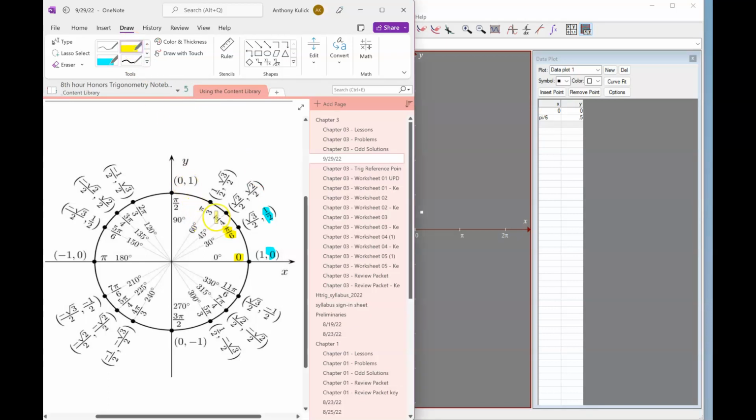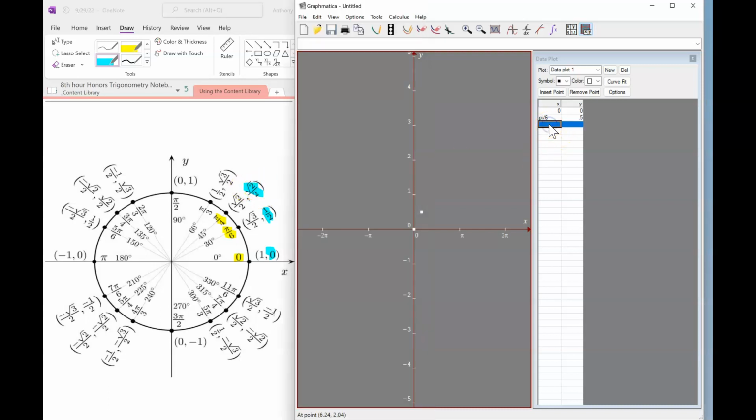And I'm just going to continue doing this. My next point would be pi over 4, comma, root 2 over 2, which is approximately 0.707. I'm just going to use a decimal because it's easier to type than a radical. Everybody so far feel okay with all I'm doing?